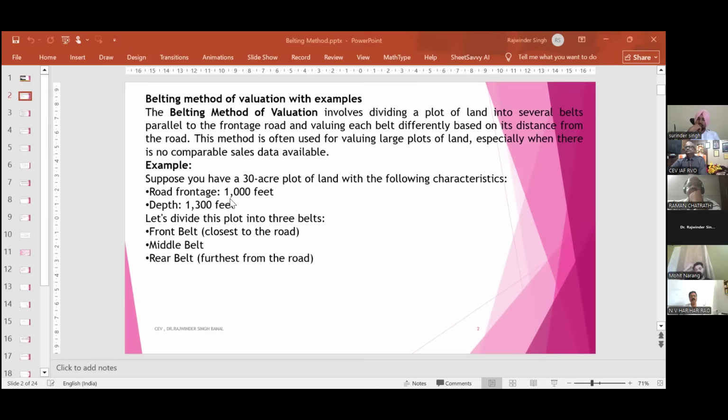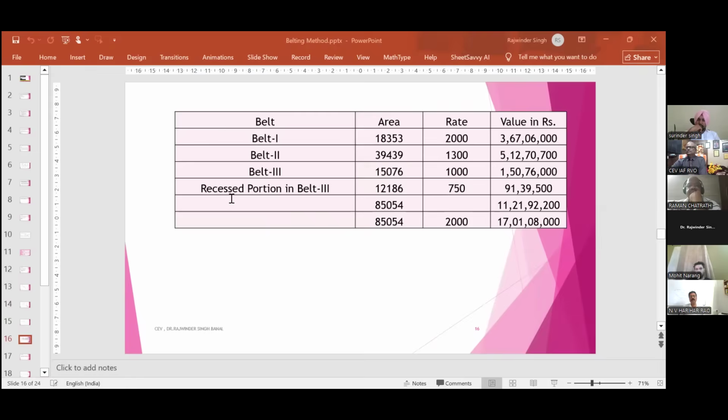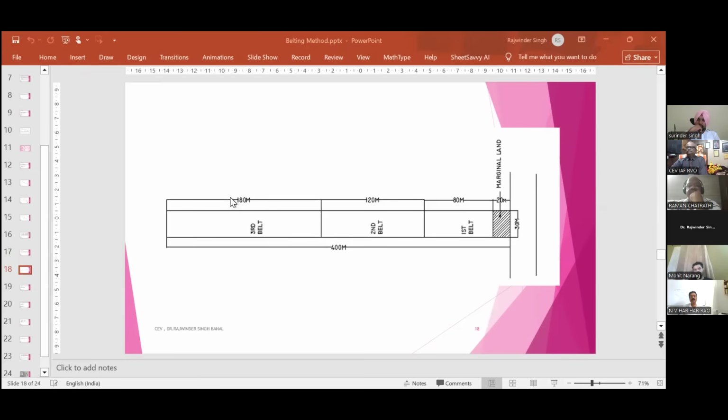See, here we will be taking an example that will make the things clear to you. Let us suppose you have a plot which is 30 meter in width and having a depth of 400.